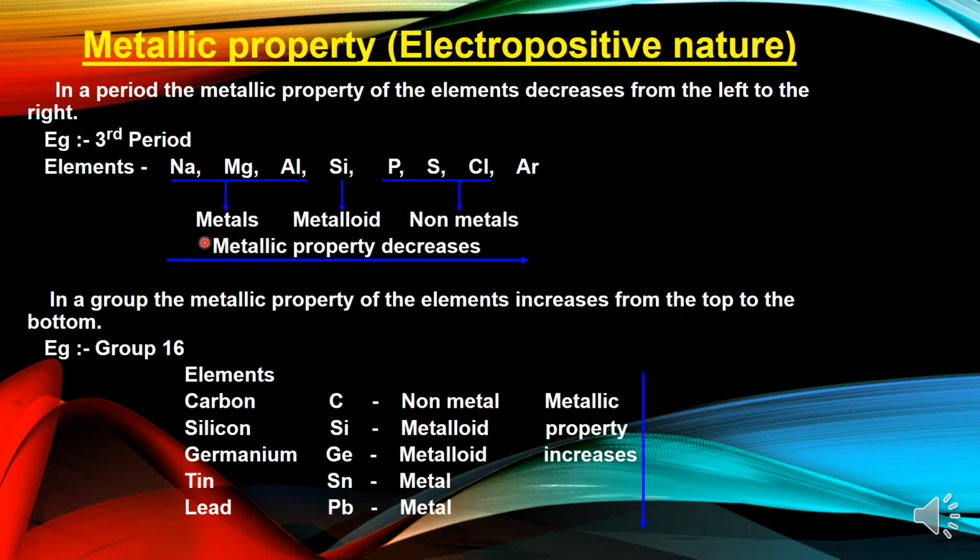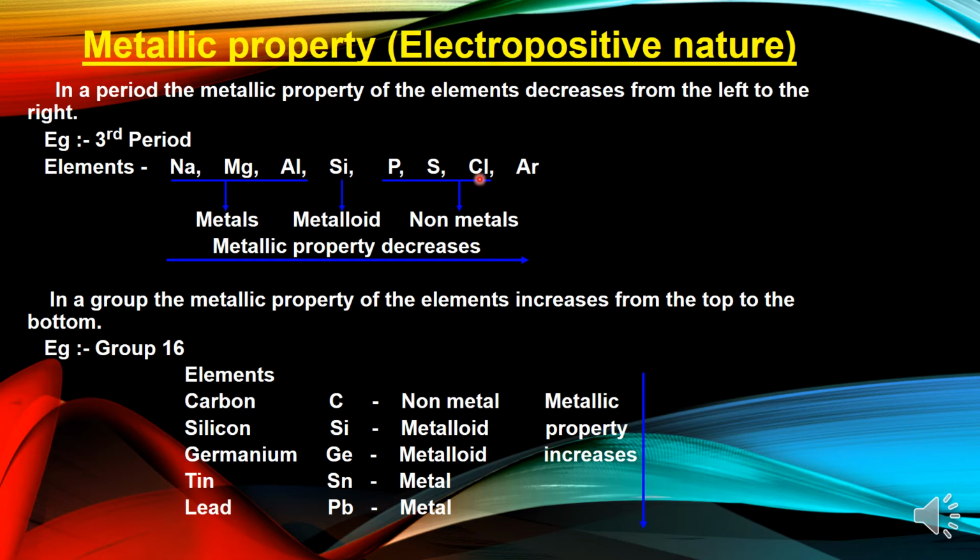So metallic property is gradually decreasing on moving left to right in a period. That means the tendency to lose electrons keeps decreasing when we are moving from left to right in a period. And children, why is this happening?